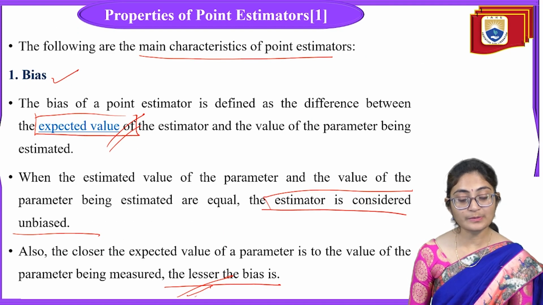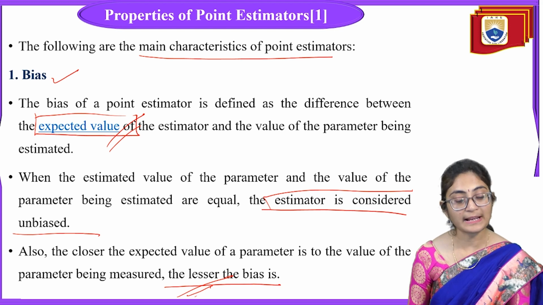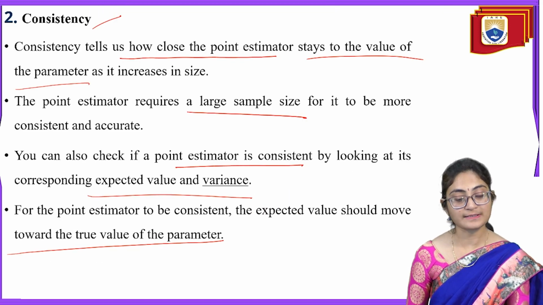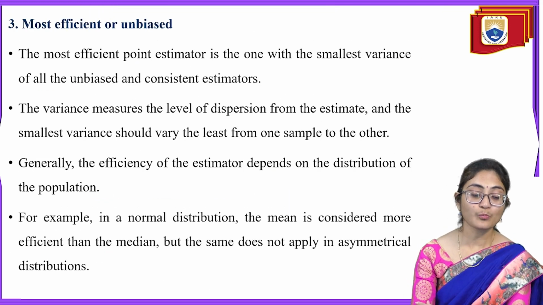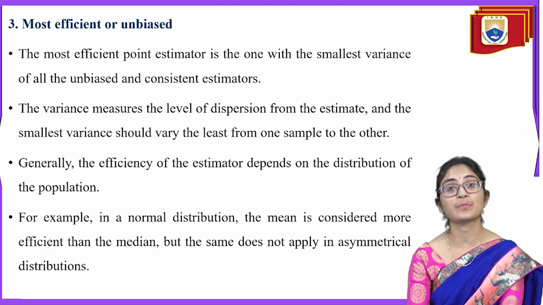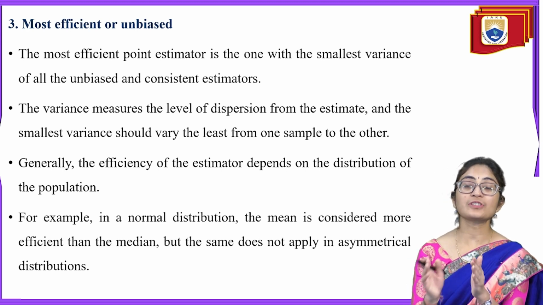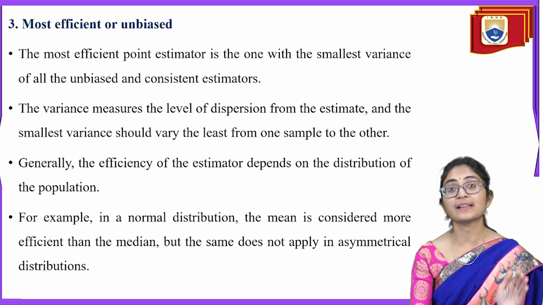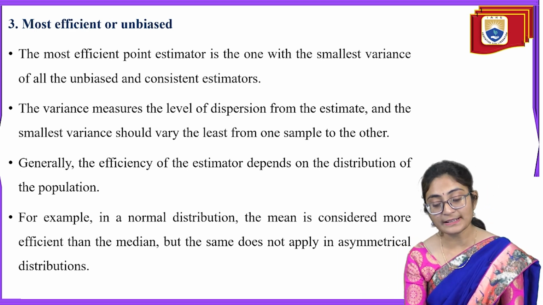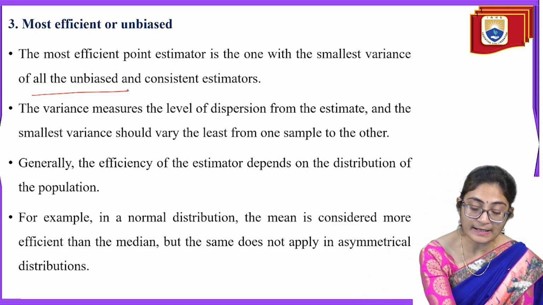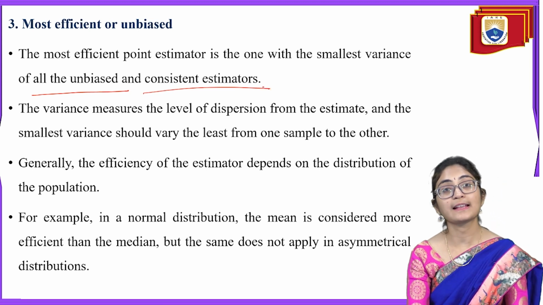So the properties of estimators: first we saw bias, second consistency, and third most efficient and unbiased. The most efficient point estimator is the one with the smallest variance of all unbiased and consistent estimators.